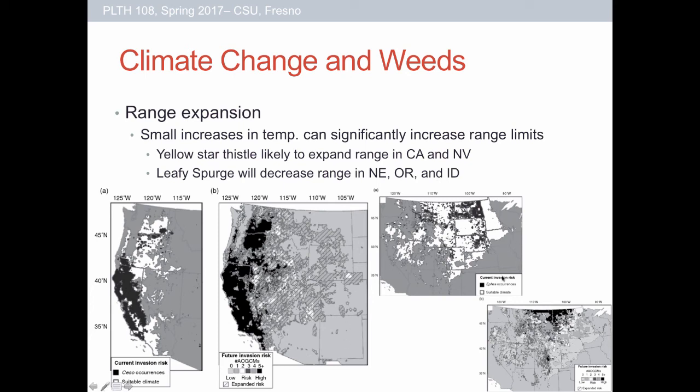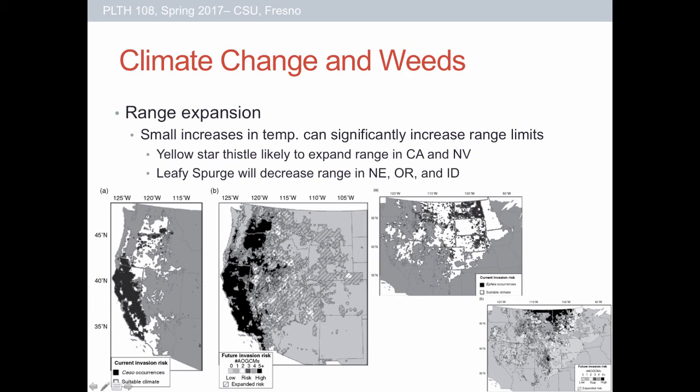On the flip side, when they looked at leafy spurge, we see in the original map that it has a pretty wide area that it can infest, although it is a little bit limited. Again, black dots are where the leafy spurge is, and white is where it could move to. This map is a little hard to read, but my point is that a lot of those regions that were white are now that really light gray color, meaning they're hard to infest.